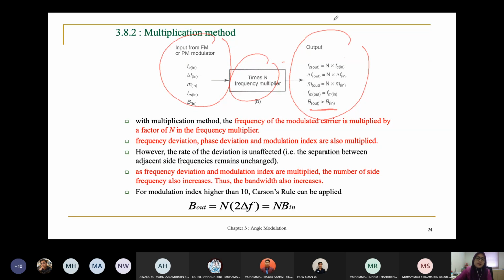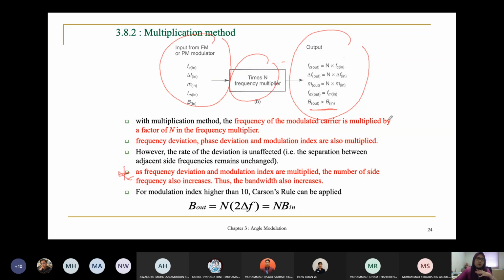Why is the bandwidth at the output bigger than the bandwidth at the input? It is because the frequency deviation and modulation index are also multiplied with the multiplier n. So if you remember the Bessel table, if your modulation index increases, the number of side frequencies in your frequency spectrum will also increase.